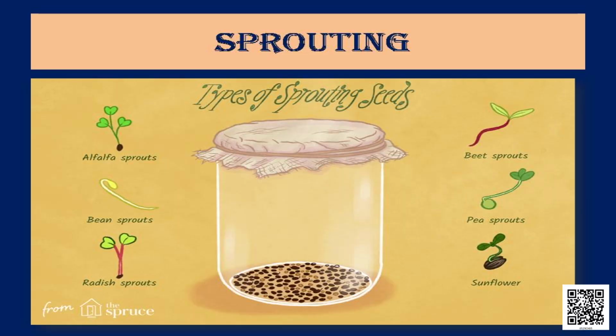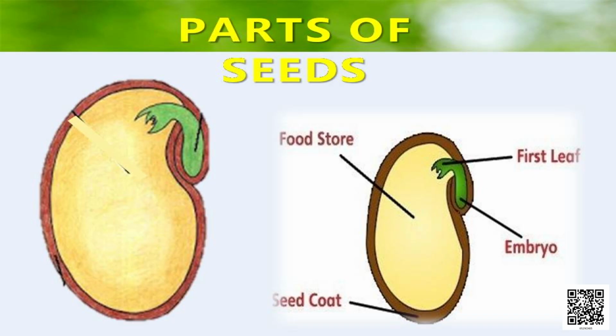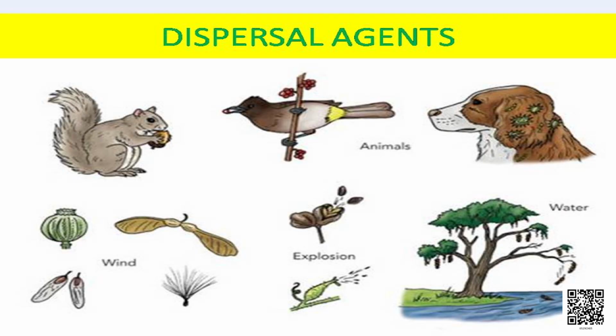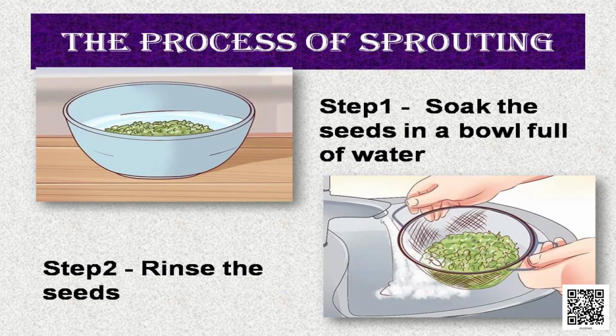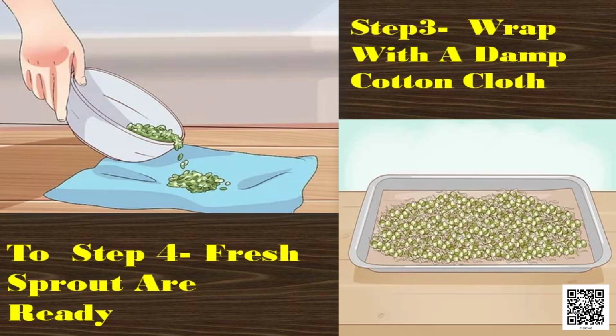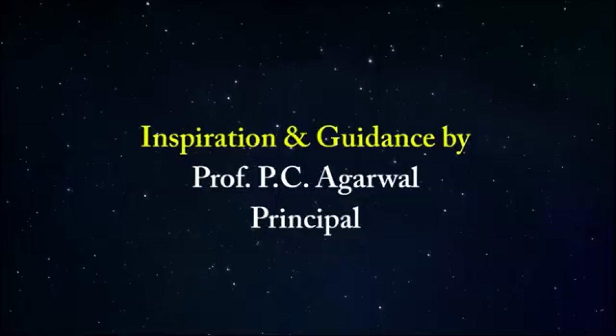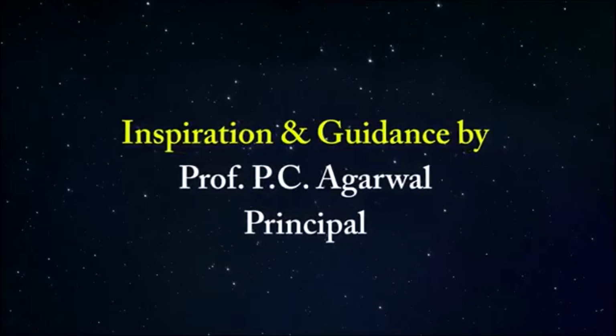Hope you have understood everything: how the seeds germinate, what the different parts of seeds are, the process of seedling, and what those dispersal agents are. And you will do the activity as it was instructed to you. So this is for today, and whatever is left, we will cover the rest of the concepts in the next class. Thank you.